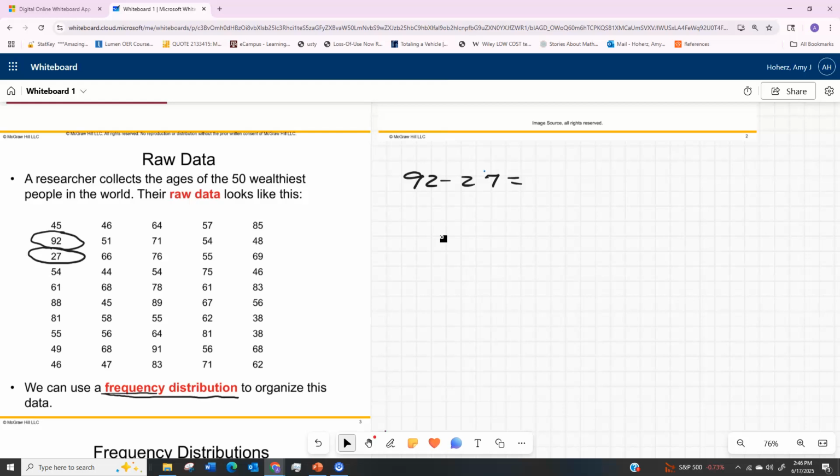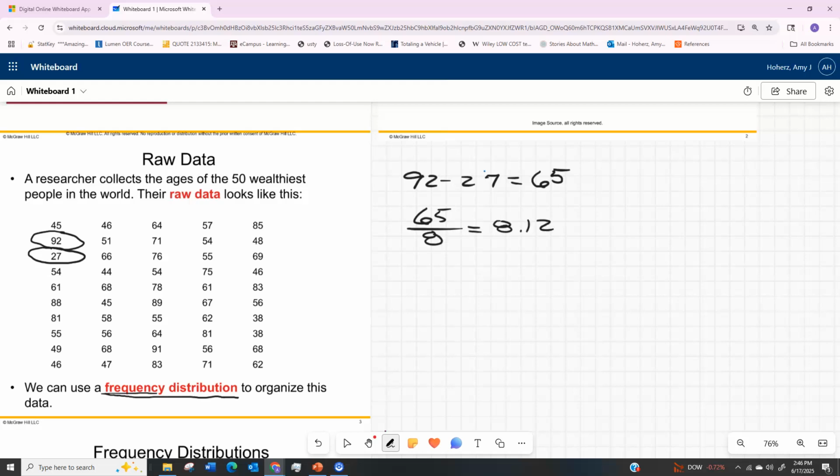In this case, we have 65 between those two numbers. And so we need a span of 65 for our 8 classes. So we're going to take 65 and divide it by 8. And 65 divided by 8 gets us just over 8, because 64 divided by 8, of course, would be 8. So it actually comes out to be 8.125.